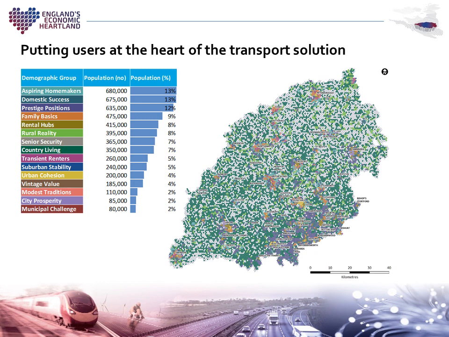Each persona insight, as defined by Experian Mosaic, offers an insight into the opportunities and challenges for that part of the region and the transport system from a user perspective. The toolkit that England's Economic Heartland has produced will form a key part of our and our partners' approach to transport planning going forward.